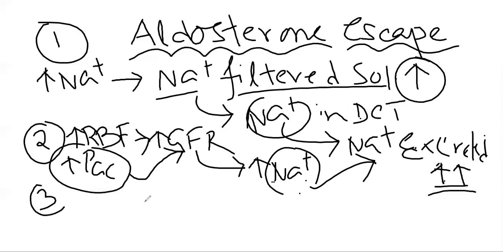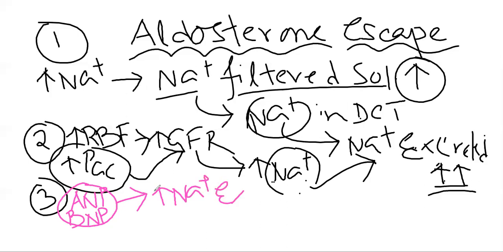Third one is that if there is a high concentration of ANP and BNP, that means atrial natriuretic peptide and brain natriuretic peptide, which are the natriuretic factors. As a result of this, there will be increased natriuresis. So increased sodium ion excretion will occur, though a normal concentration of the aldosterone is present.